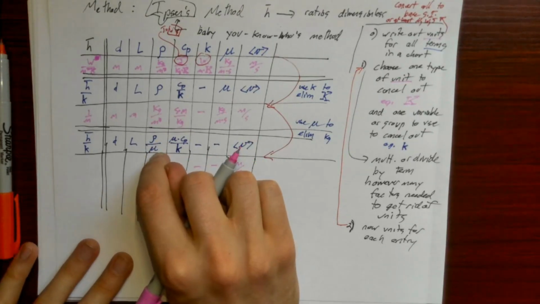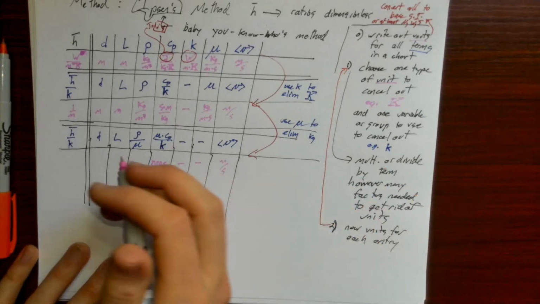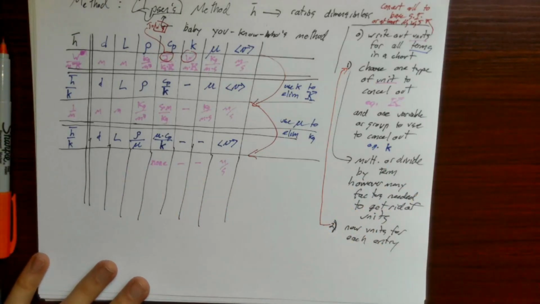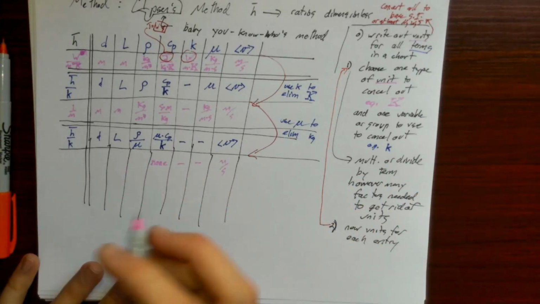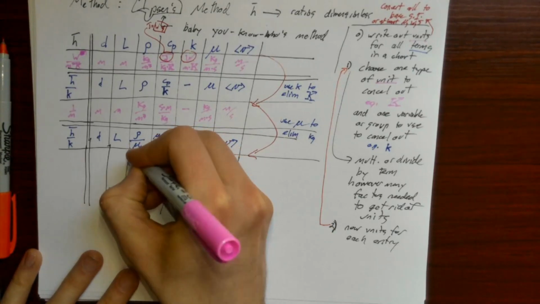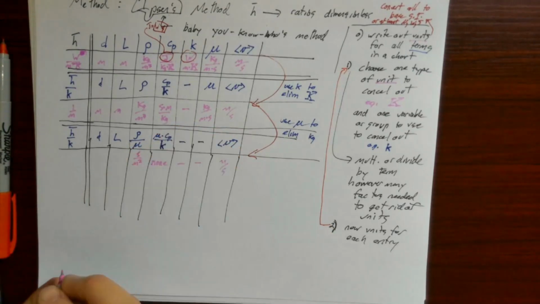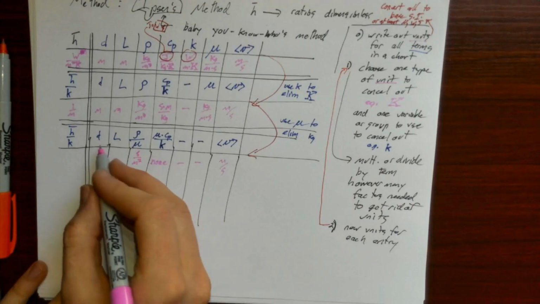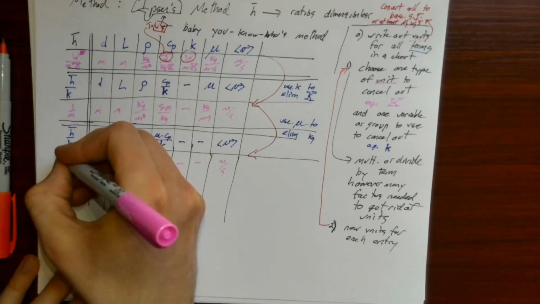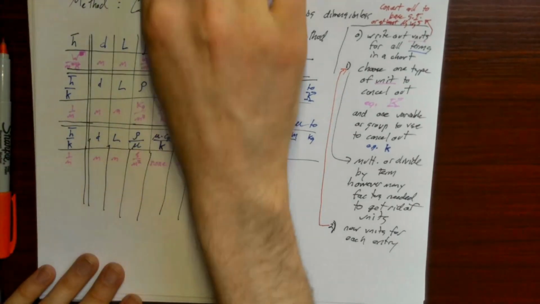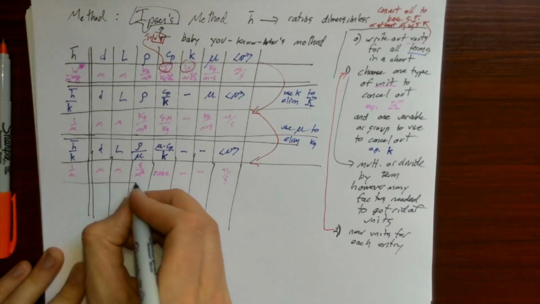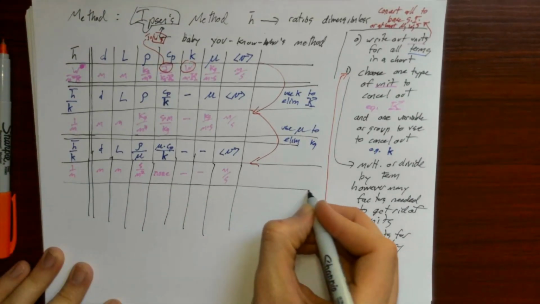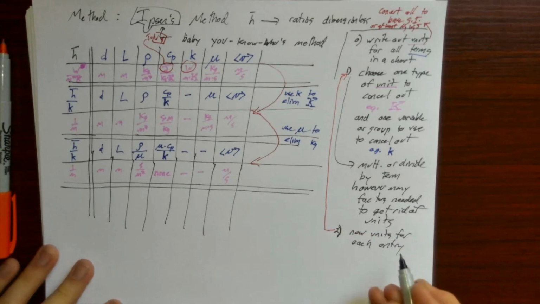All right, density over mu ends up with units of seconds per meter squared, and D and L both have units of meters, and H bar over K still has units of 1 over meters. So we're back down here.